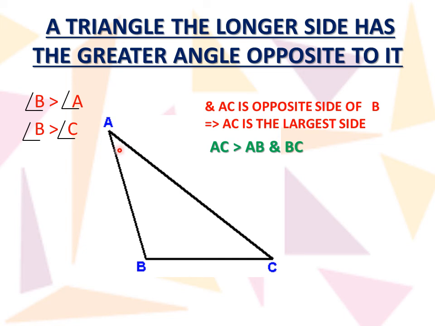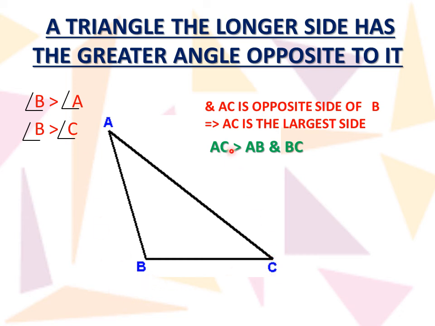So if these two are acute, then angle B will be the obtuse angle, that means it's the greater angle than the other two angles. So in this, AC will be the greater side than AB and BC.